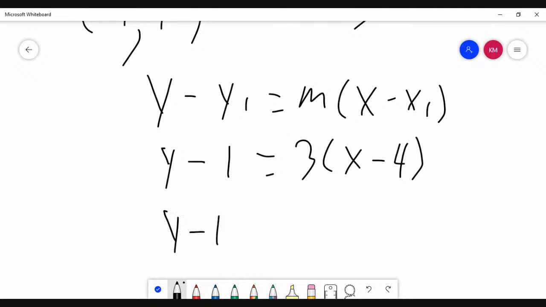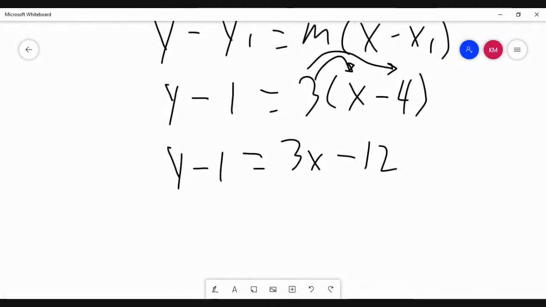Bring down my y minus 1 equals, distribute my 3, and that gives me 3x minus 12, because 3 times x is 3x. 3 times negative 4 is a negative 12. And I bring those down.